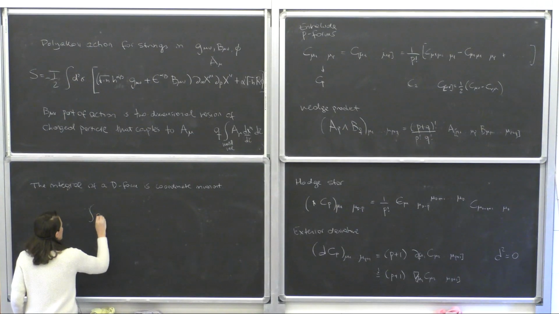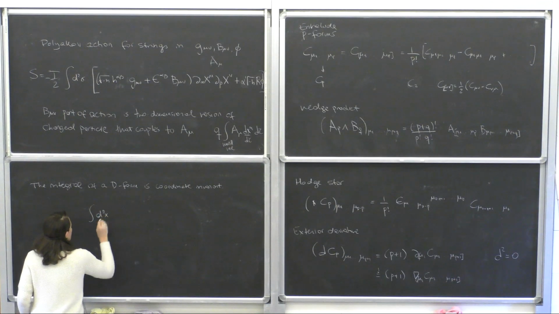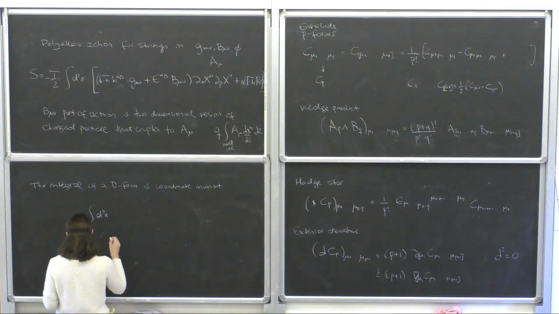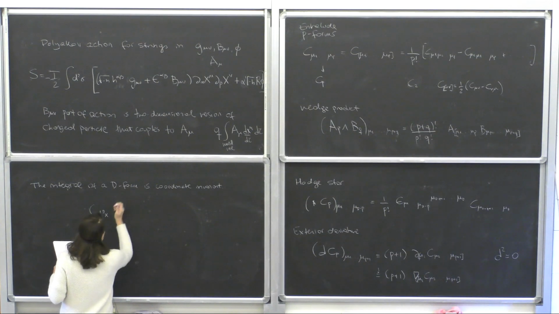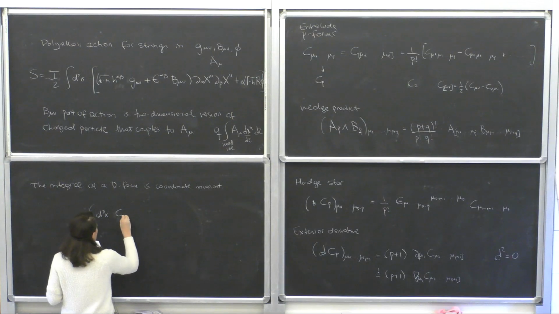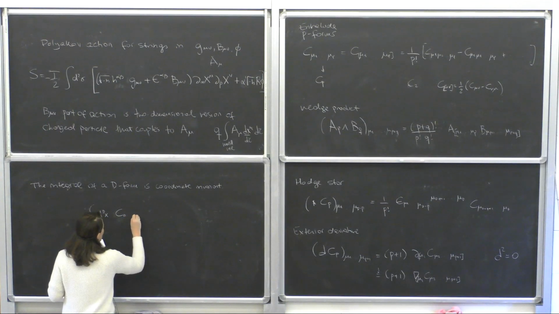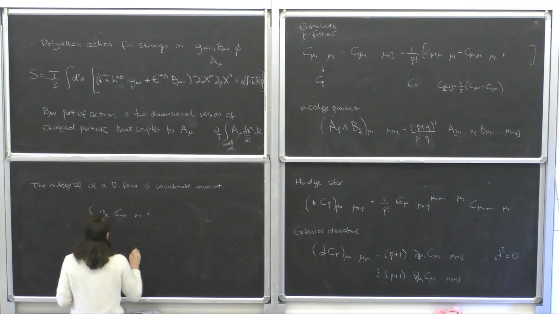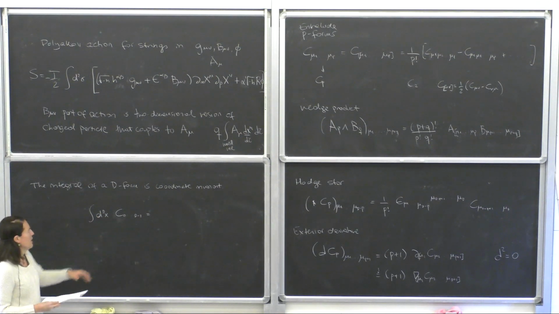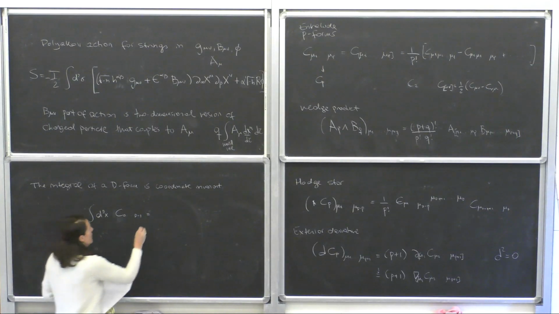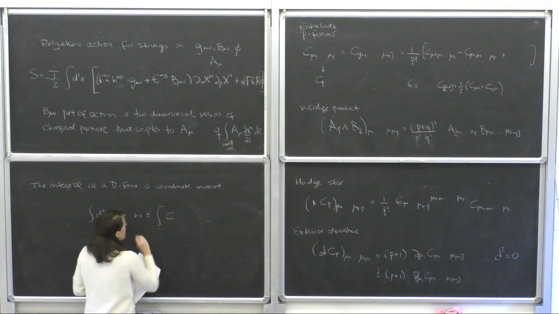So just doing the integral d^d x of some form, with indices from 0 up to d minus 1, I don't need to put any square root of minus g. You just do this, and this is coordinate invariant, and this we just write as the integral of C d.